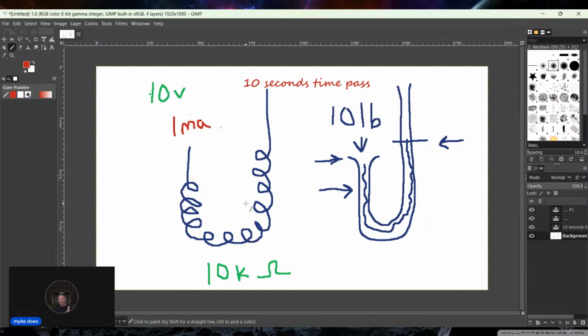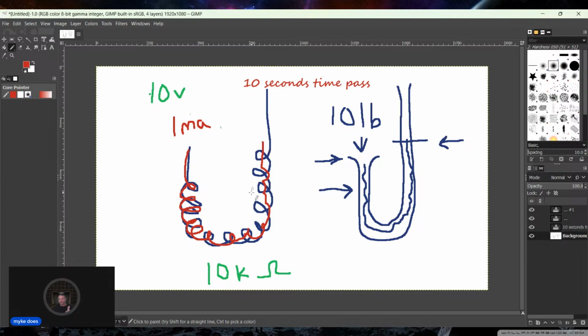So now, that 1 milliamp, in 10 seconds of time, it might get to saturate this coil this far, you know? You give it another 10 seconds and so that's saturation.